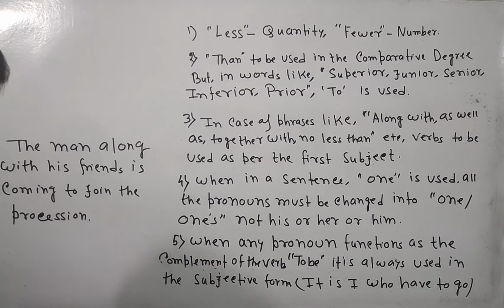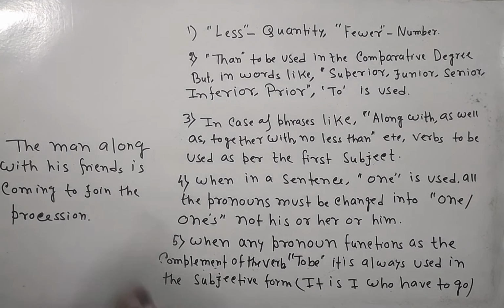Whenever the subject is singular, the verb must be singular in form. Generally students like all of you get confused over what type of verb will be used, whether singular or plural. But in phrases like along with, as well as, together with, the verb must be considered as per the first subject. So there is only one subject.